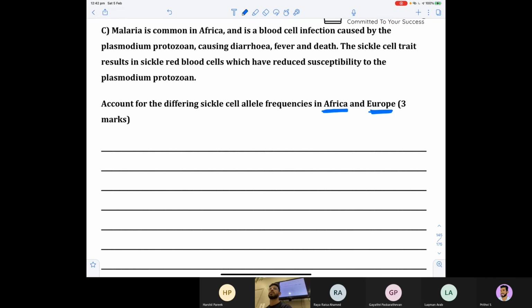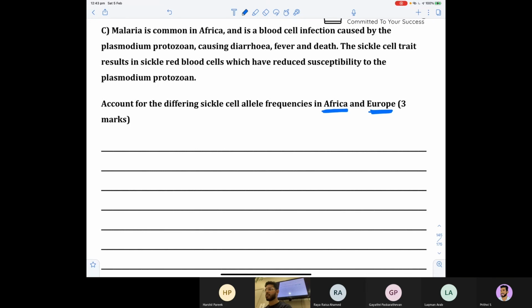Okay, so you said Europe. You're saying it's going to be more prevalent in Europe. Are you sure? This isn't even biology, it's a thinking test.